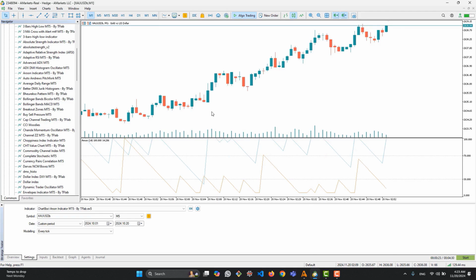You will see the live test and this indicator on the MetaTrader 5 platform.